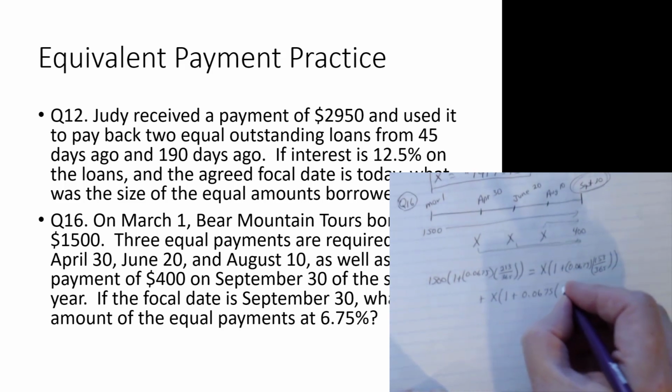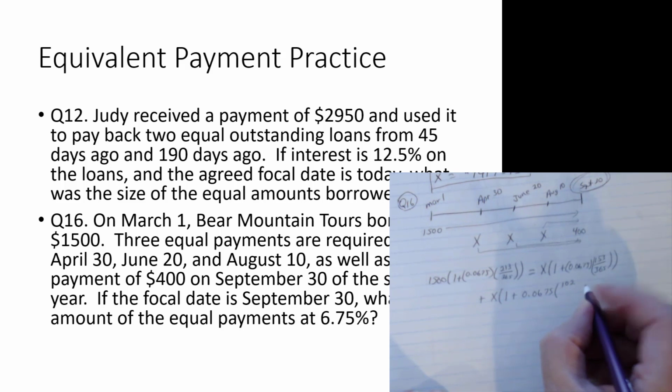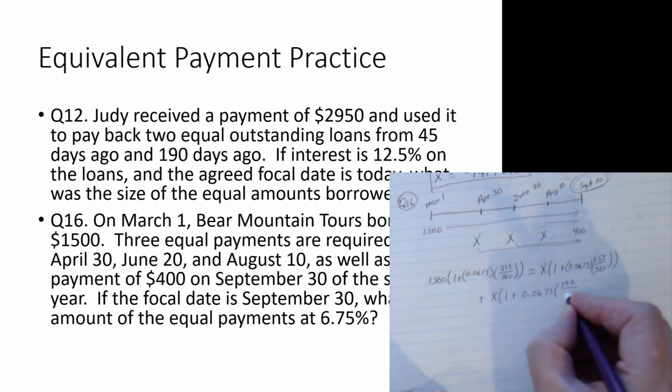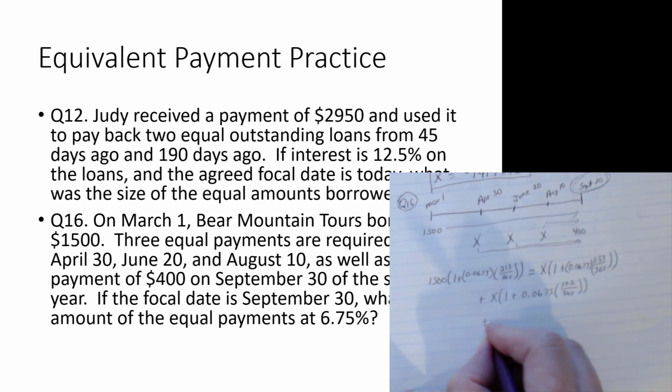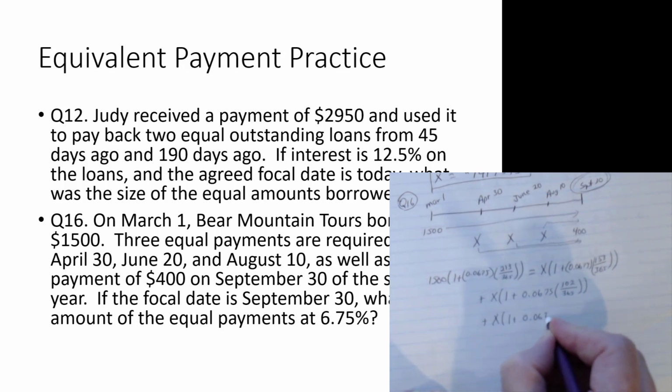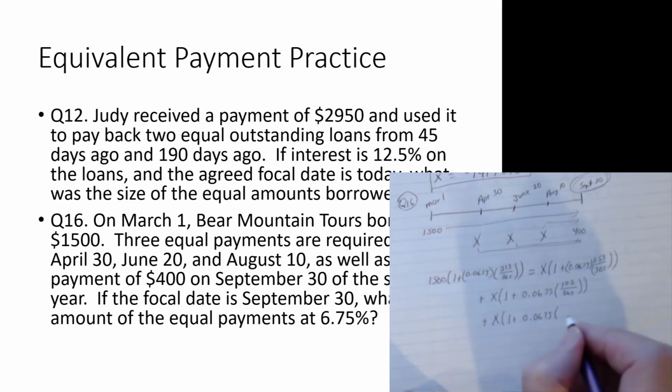Different number of days now, because it is 102 days from June the 20th to September the 30th, over 365, and then plus X, 1 plus 0.0675. And then the number of days from August the 10th to September the 30th is 51.